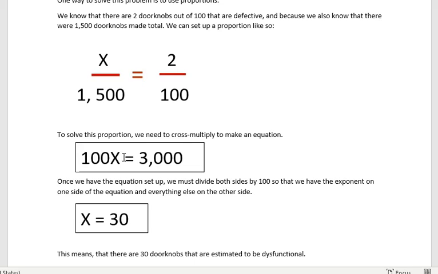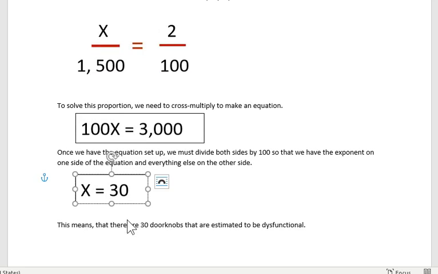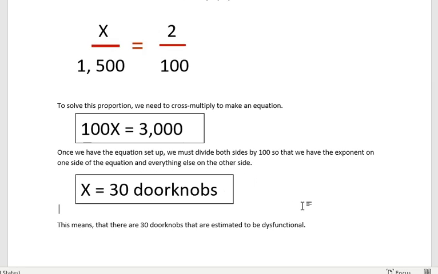And what do we always have to do when we write down our answer? Does anybody know? Can anybody find out what I did wrong here? That's right. I did not give units. So it's important to give units because what if we thought this was apples? How do we know that this is doorknobs?